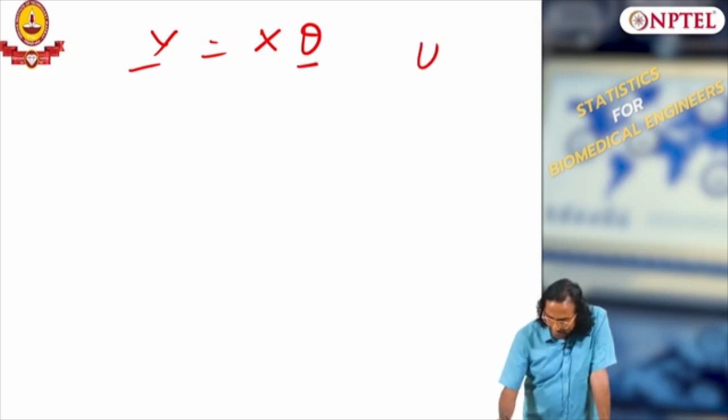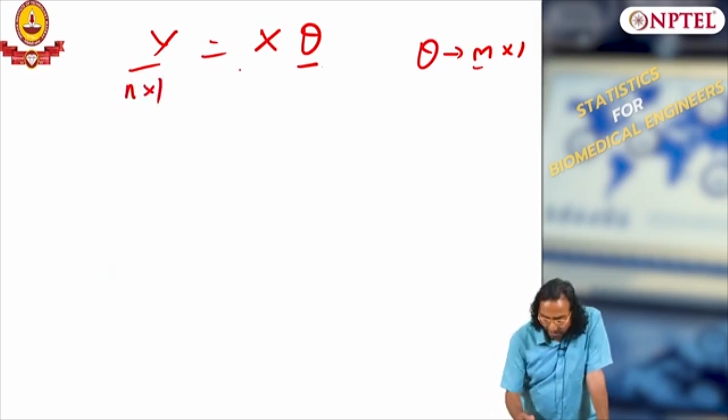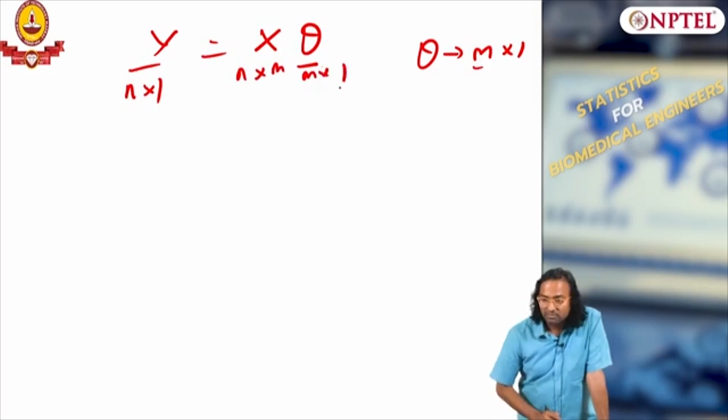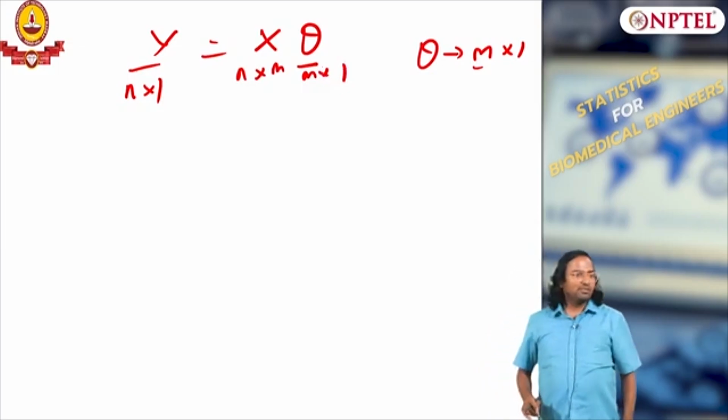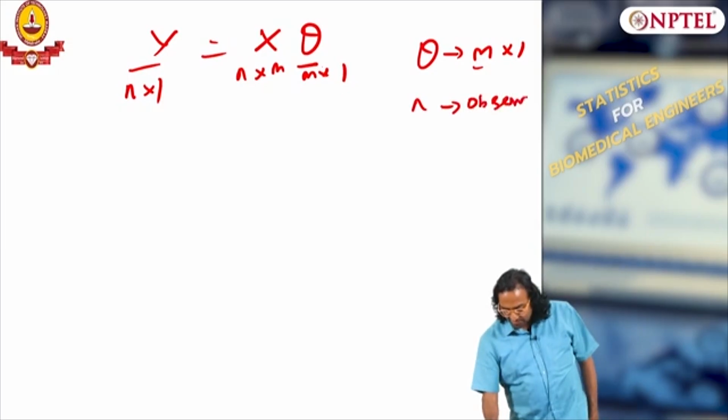So theta is, let us say, m cross 1, so there are m parameters, and y is n cross 1, and x is going to be an n cross m matrix, where n is your observations and m is your parameters.